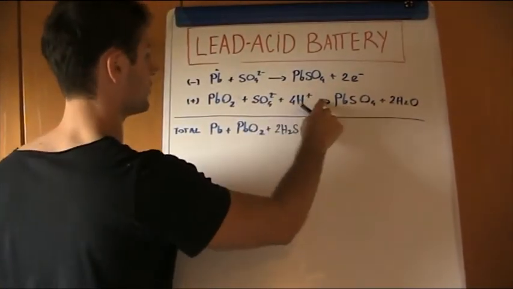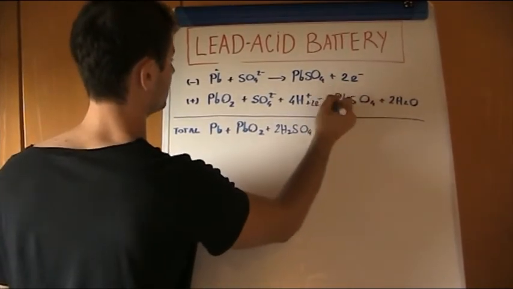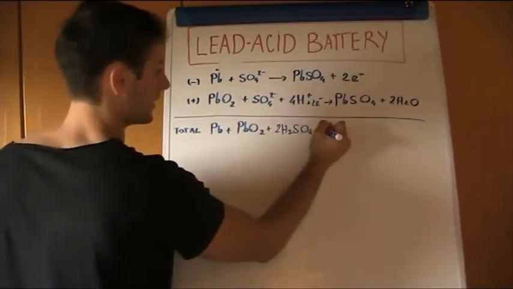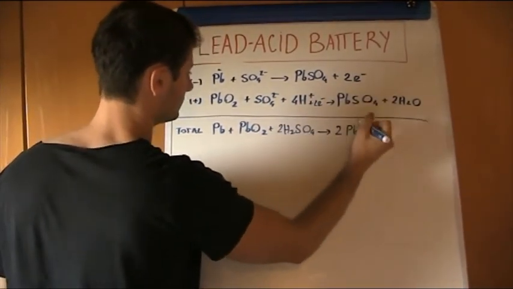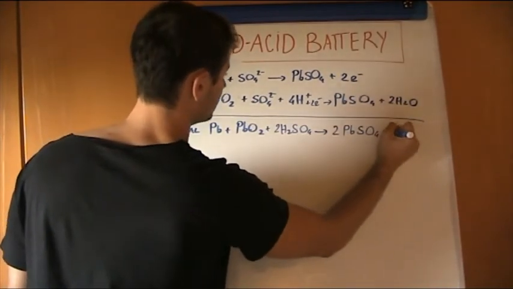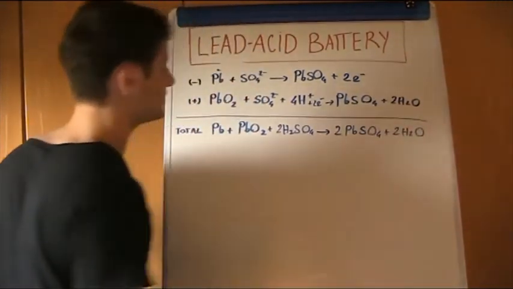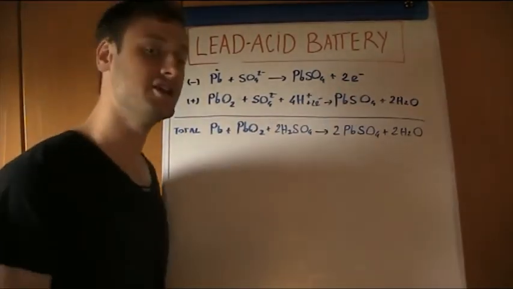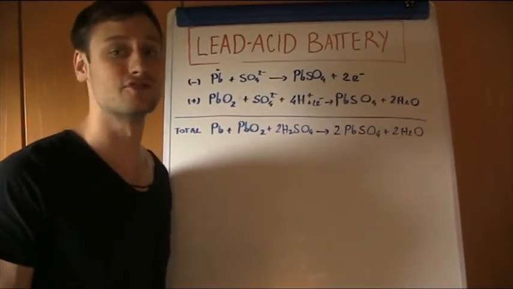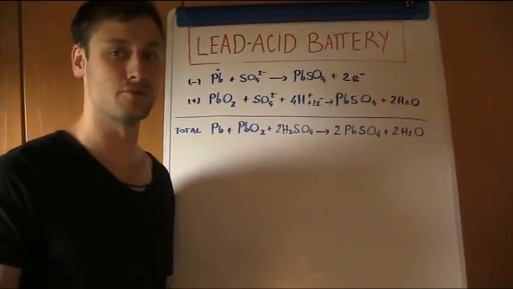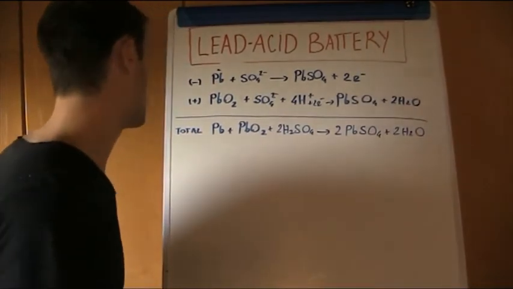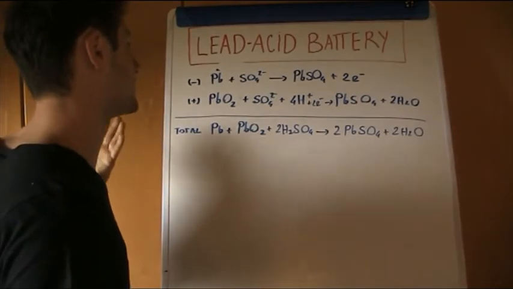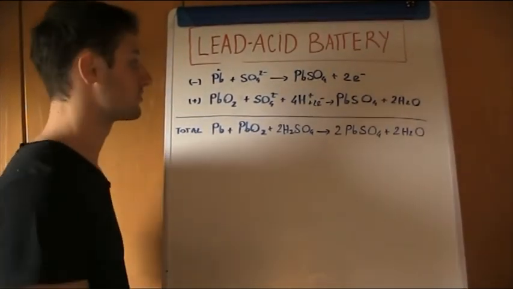Obviously the 2 electrons are eliminated, since we have electrons both here and here. 2 times lead sulfate and water. This is the total overall reaction in the case in which sulfuric acid is used as electrolyte, obviously in a percentage, 30% in water.